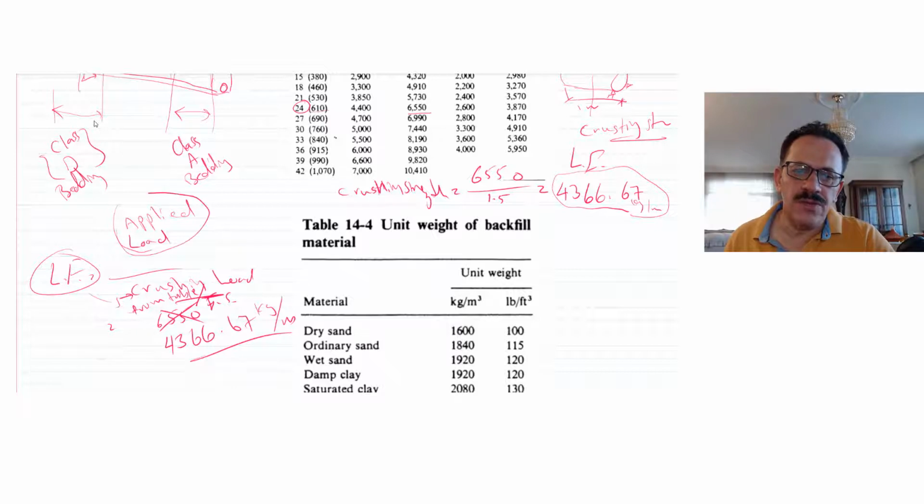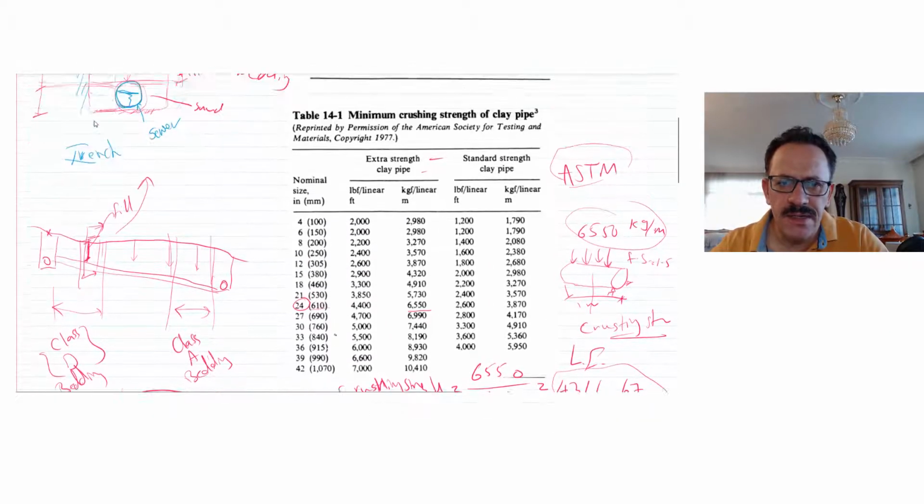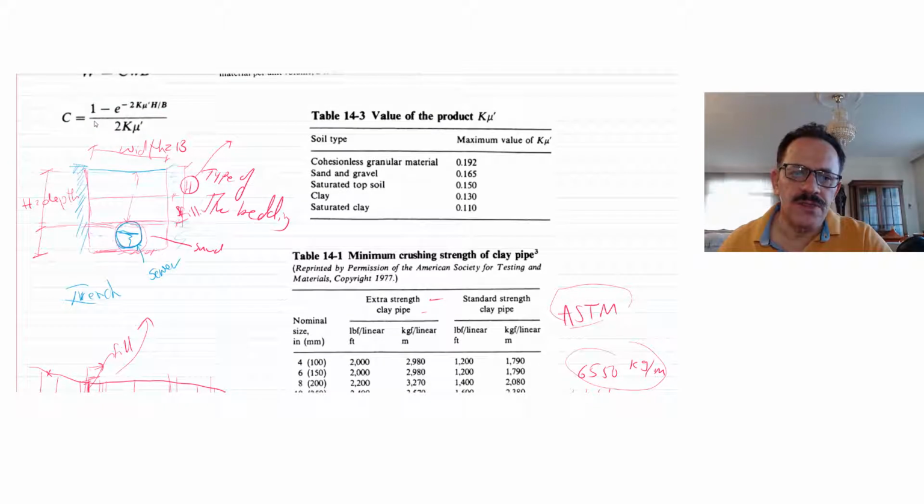What is related to the applied load means the load that's coming from the filling of this trench. How much is the load that is coming on this pipe? We say that this load will be called W. This W is coming from the filling.